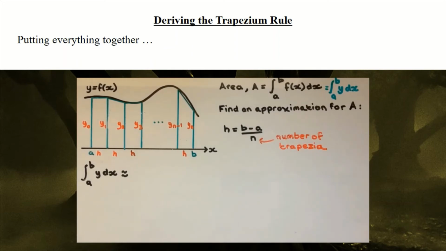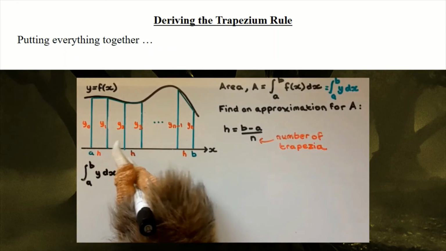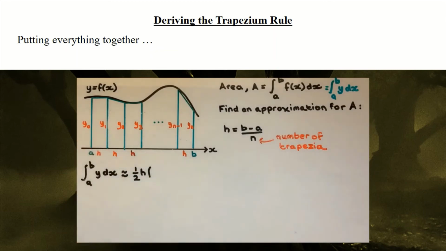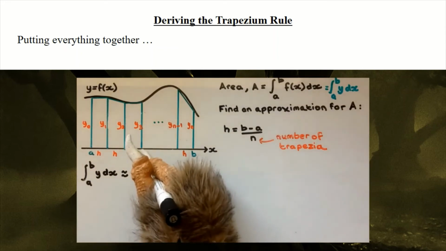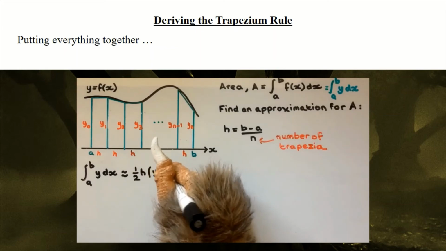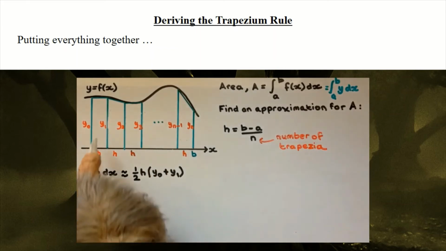Okay, so let's do the area of the first trapezium now. So that's going to be 1/2 of the height, and then we add the 2 parallel sides. So that's going to be y0 plus y1. Okay, so that's the first trapezium here.